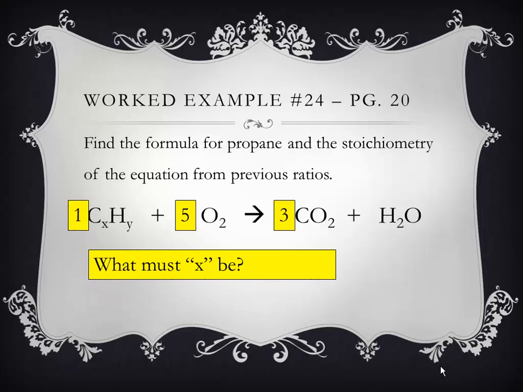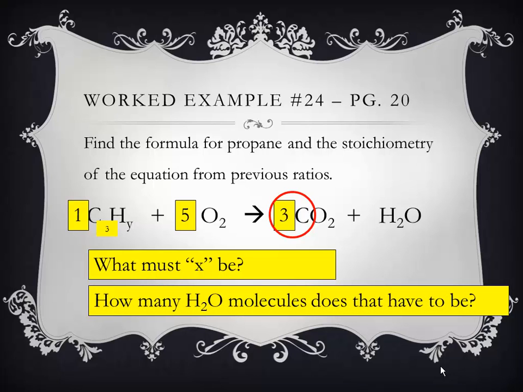So X, carbon, is the first one we can find, because hydrogen cannot be found since we don't know the coefficient for water. But we know there's 3 carbon dioxides. That means there's 3 carbons in propane. Now, since we know there's 10 oxygens on the reactant side, that means there needs to be 10 oxygens on the right side.